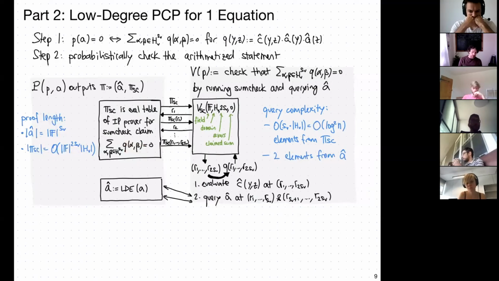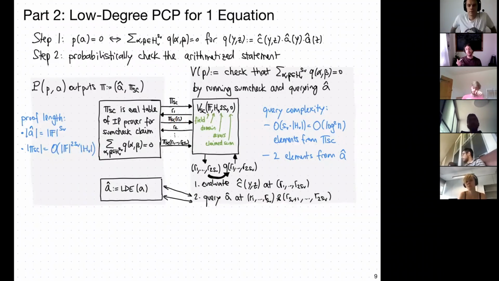And in terms of the proof length, the total that we'll have is the Reed-Muller encoding, the low degree extension of the assignment, which is just F to the s. And we'll also have to write all of these values, where we write all the possible random choices that the verifier made. So this corresponds to all of the r's that we're sending times the description length of each one of these messages.